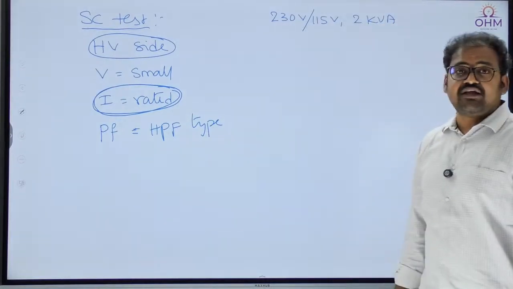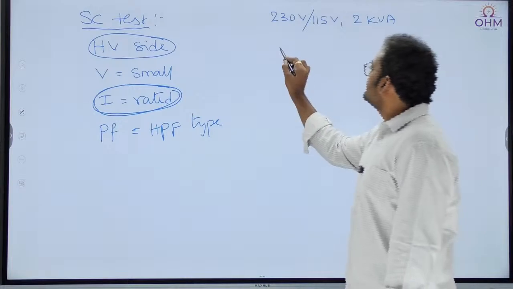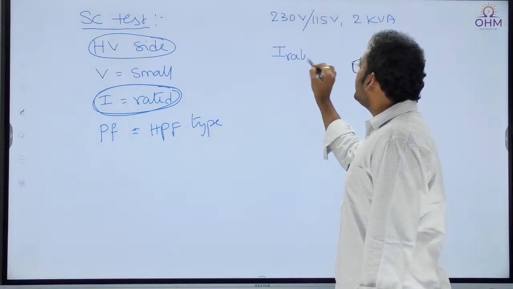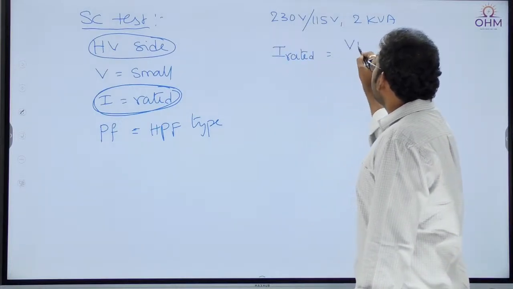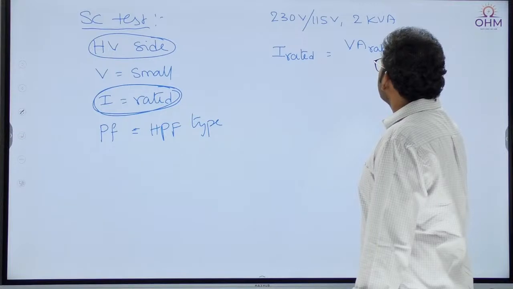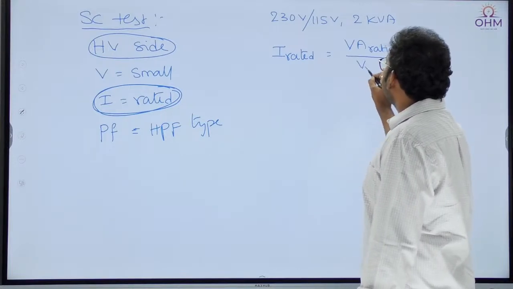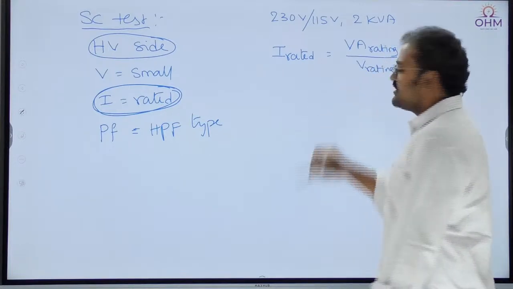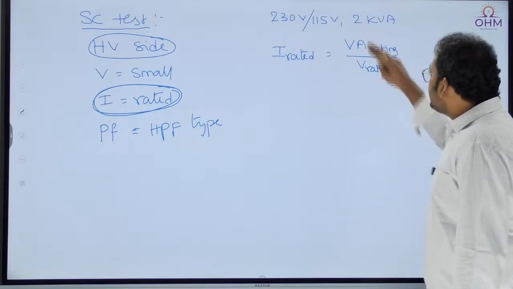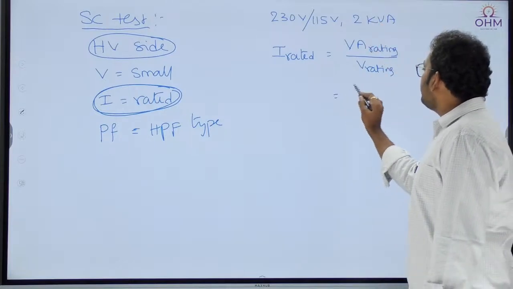Now let us check the rated current on HV side. So what is the formula for rated current? Very simple. Rated current means VA rating divided by voltage rating. Correct or not?